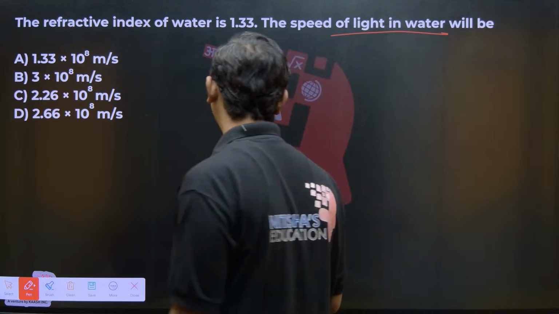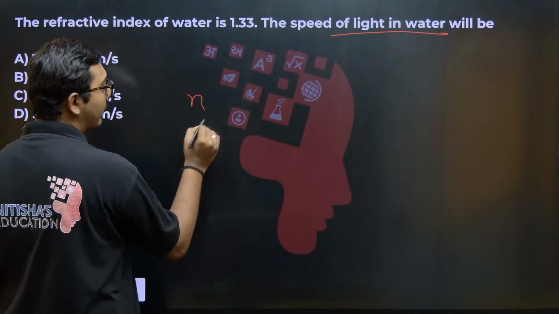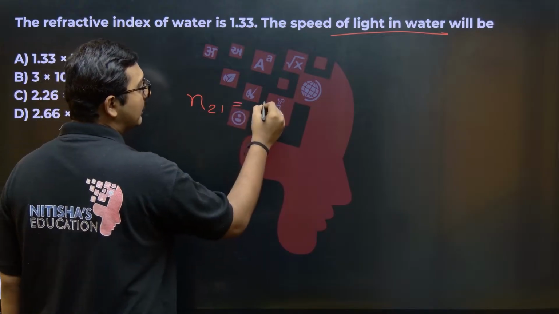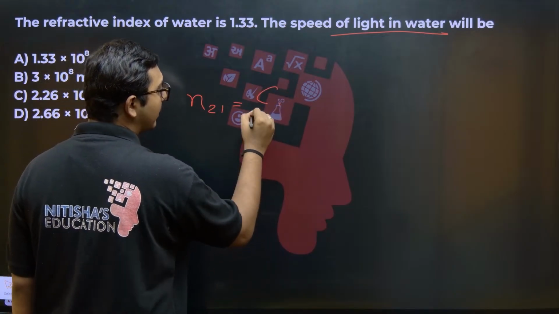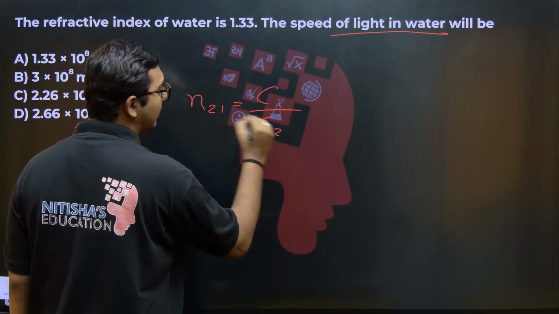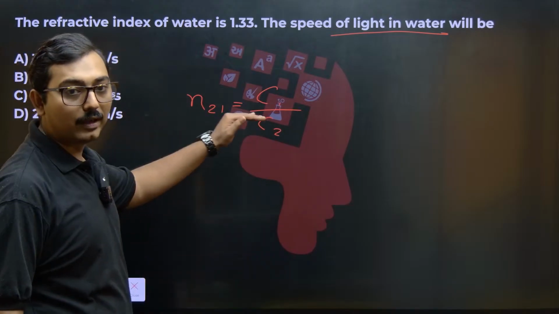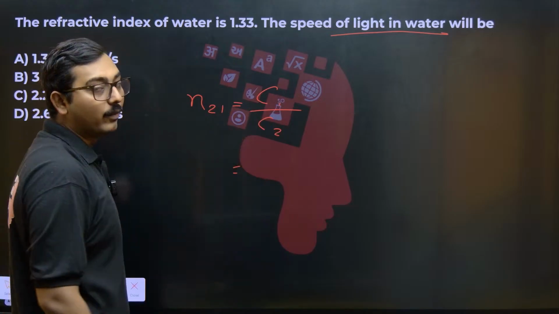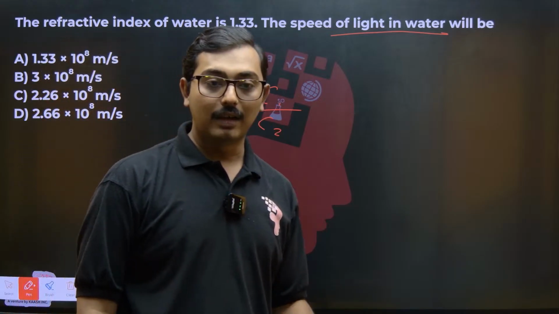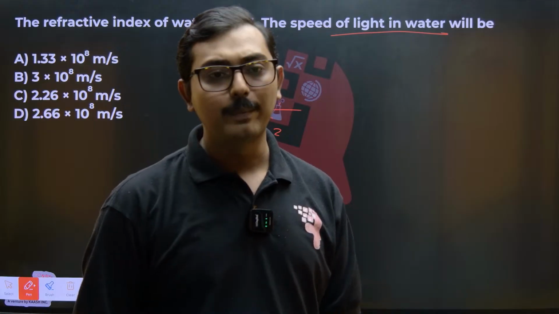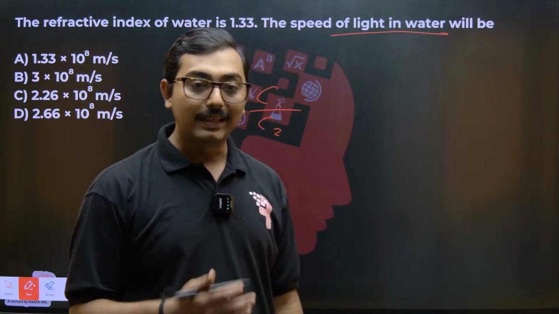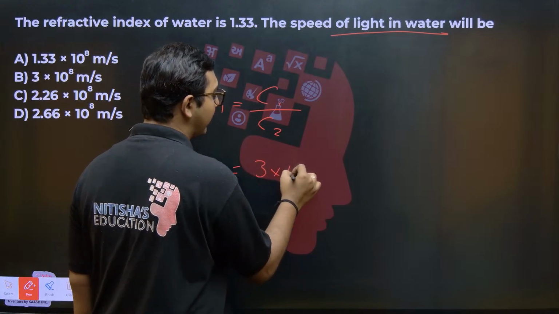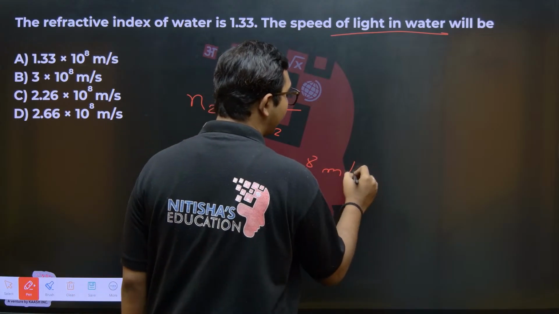What does the refractive index formula say? The refractive index from medium 1 to 2 is equal to the speed of light in medium 1 over the speed of light in medium 2. Now, medium 1 is obviously air or vacuum, and there our speed of light is given as 3 into 10 raised to 8 meter per second.